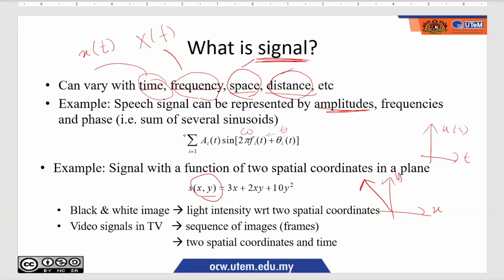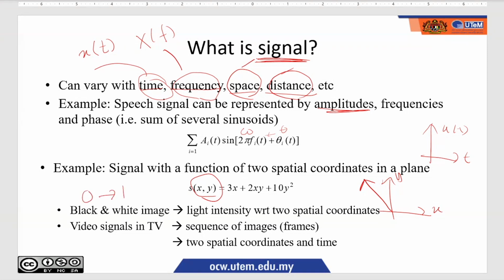An easy example is a black and white image, light intensity with two spatial coordinates. I guess this one is the easiest example. Let's say black is 0 and white is 1.